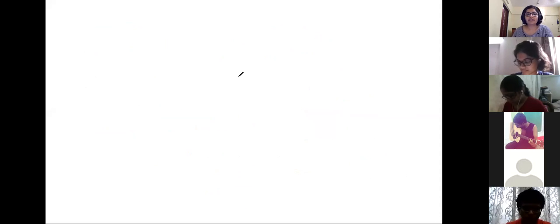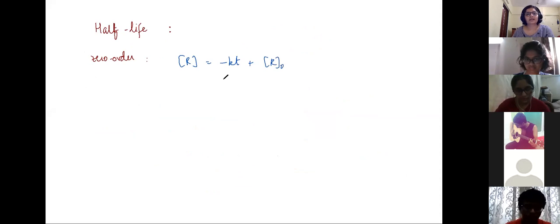Okay, so the definition of half-life is the amount of time taken for R to become half of the initial concentration, right? So let's figure out what the half-life is for a zero order chemical equation. The integrated equation we know as R equal to minus Kt plus R naught. To calculate half-life, what should R be?